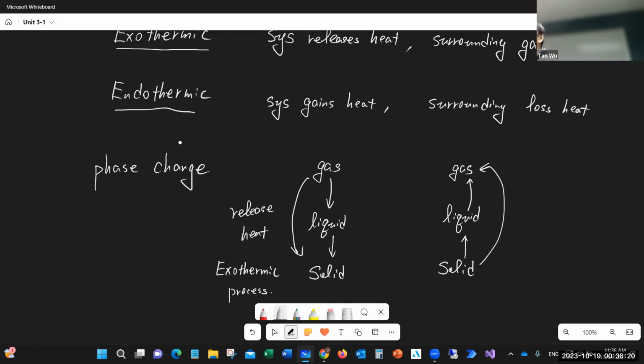Otherwise, at room temperature, how could you have this process change? So they need to absorb heat, which means this is an endothermic process.